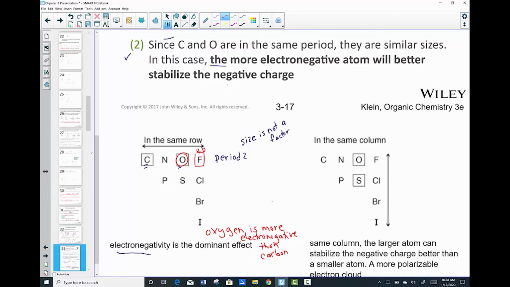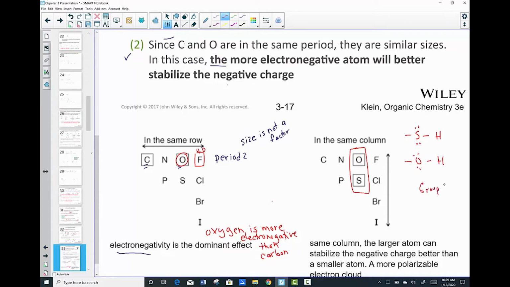Remember, I just wanted to emphasize, if the trend is comparing columns such as O versus S, who would better stabilize a proton? Such as this example. This is the same column, not the same row.